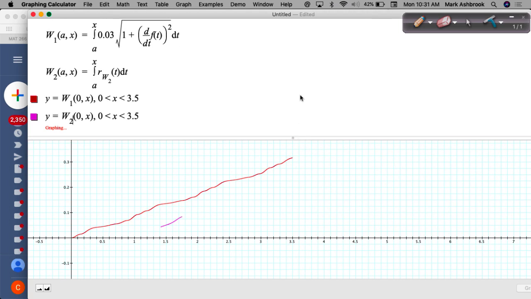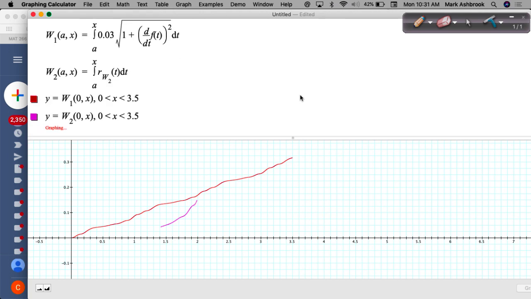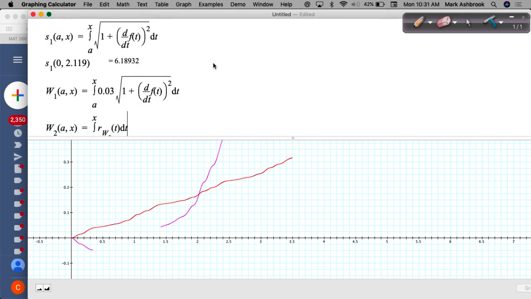We didn't do it right. What's wrong? It should always be greater, right? It shouldn't be less down here, and it shouldn't be going negative. So we were a little rushed there. Where did I make a mistake?